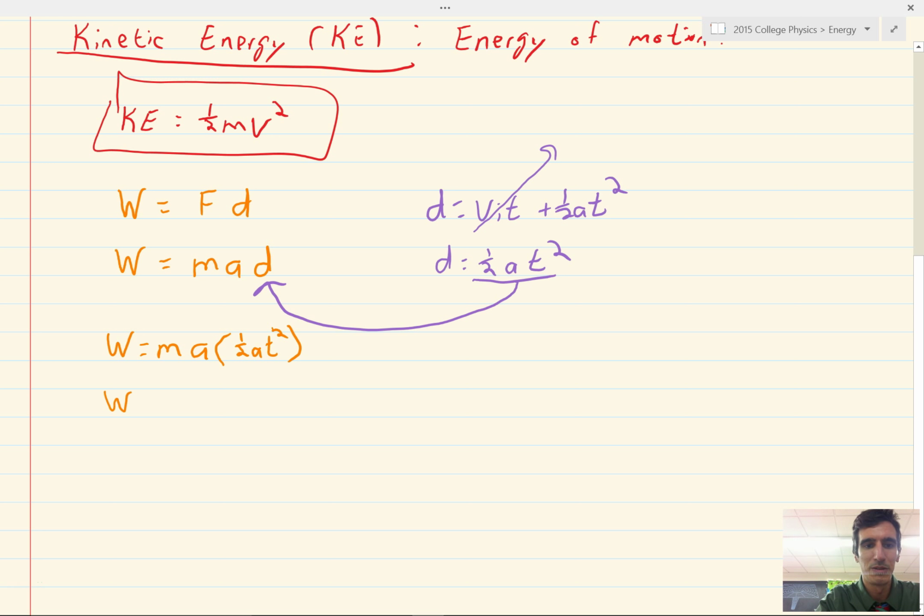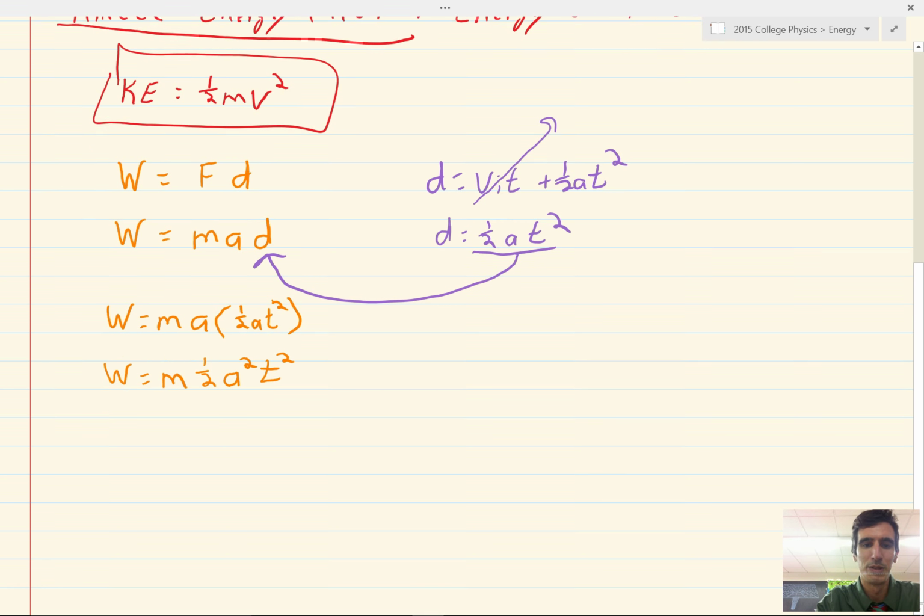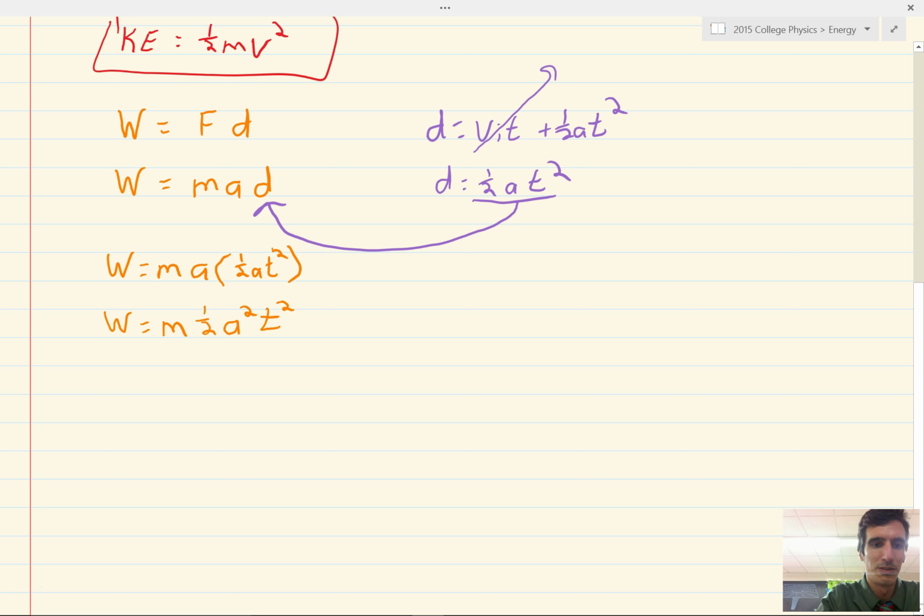So now we have W equals m times 1/2, a times a is a squared, and then t squared. And we'll reorganize this a little bit. Work is equal to 1/2 m a squared t squared. Everybody following along so far?